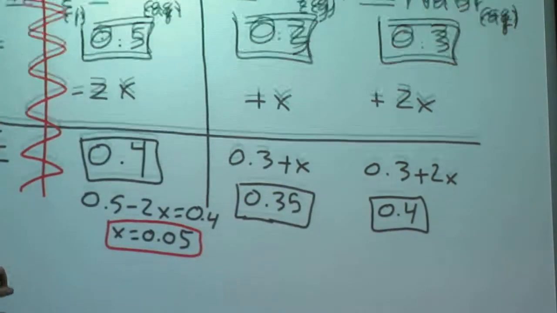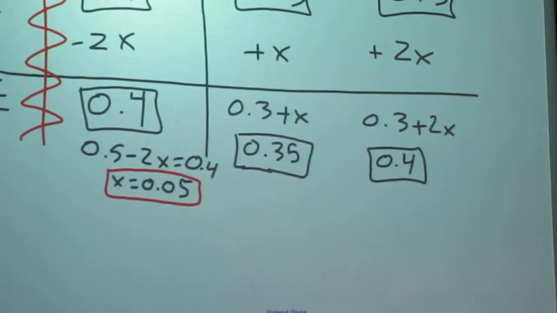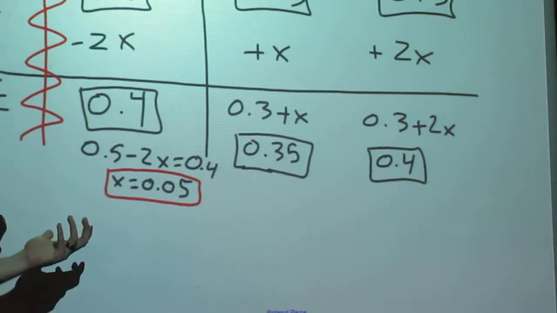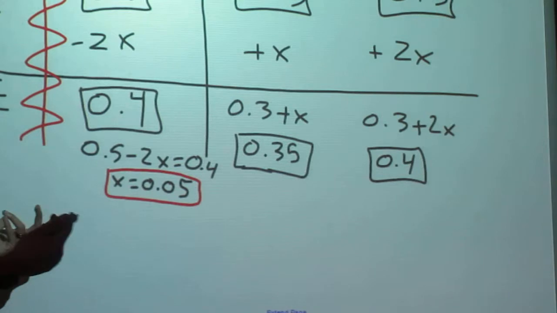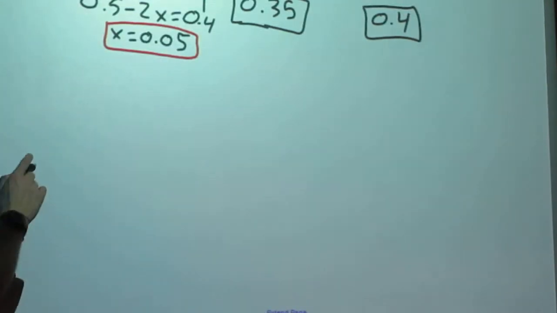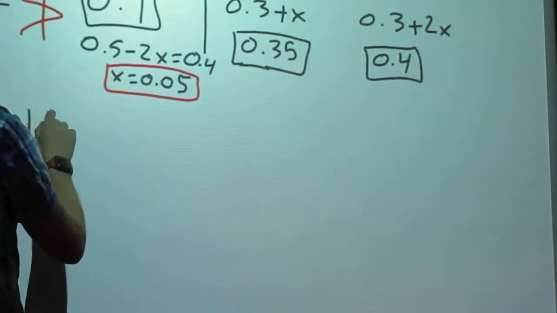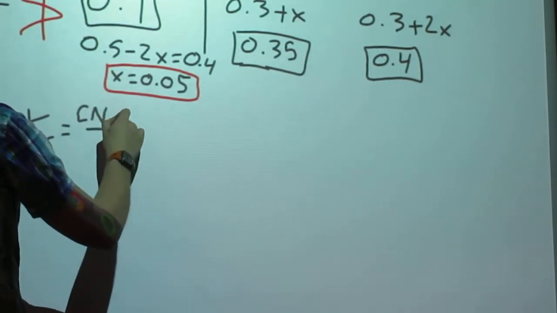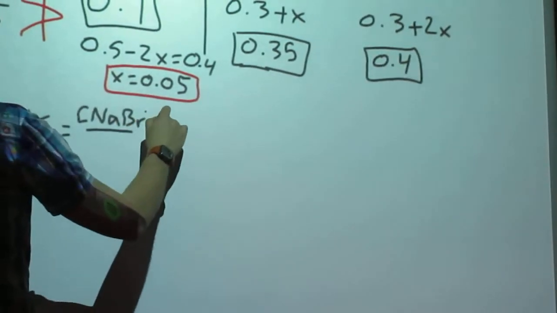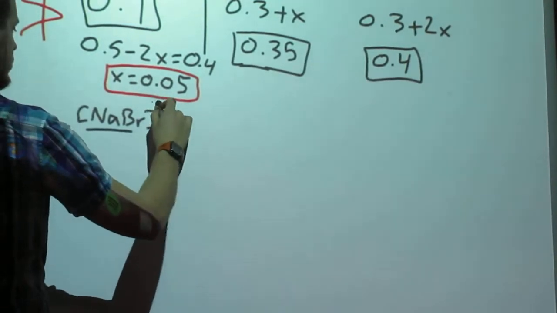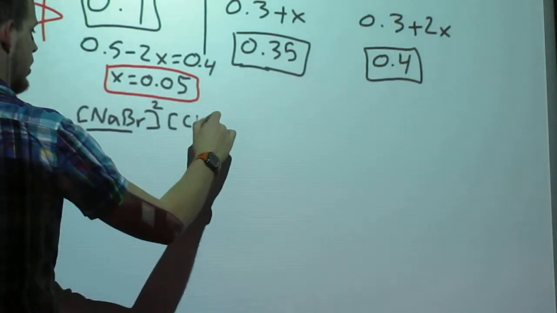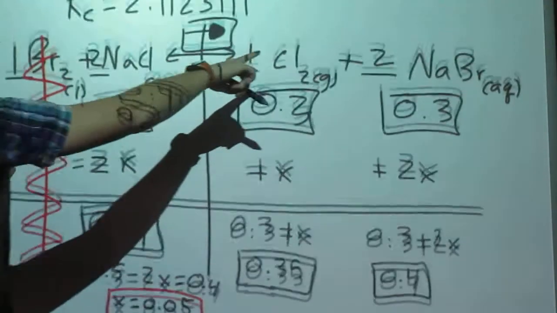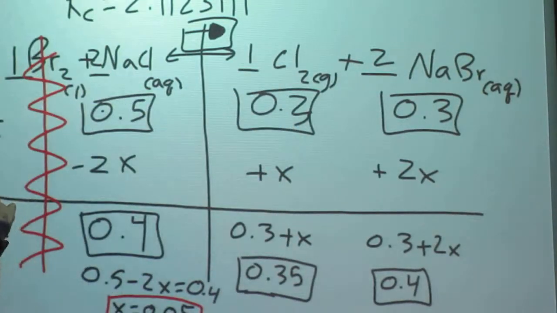And then, guess what, guys? Remember how earlier this week we just plugged in numbers? Can we do that now? Yeah. Kc is going to be NaBr, that'll be a 2, Cl2 1, again getting these numbers from here.